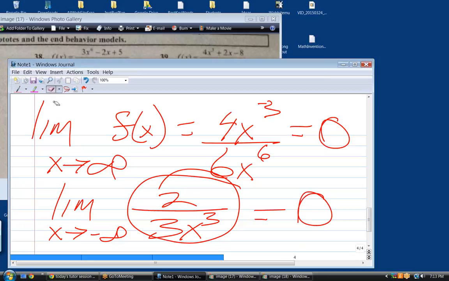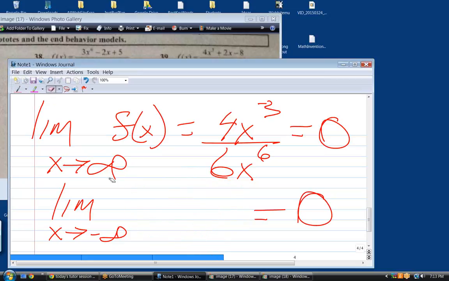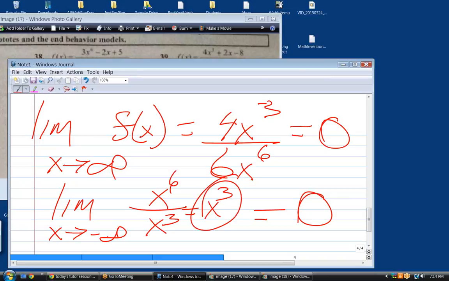Now, you could make an argument that if I have this situation, then that's going to x to the third, and as I go to negative infinity, this whole thing goes to negative infinity instead of positive infinity. So the power of your final exponent could make a difference.